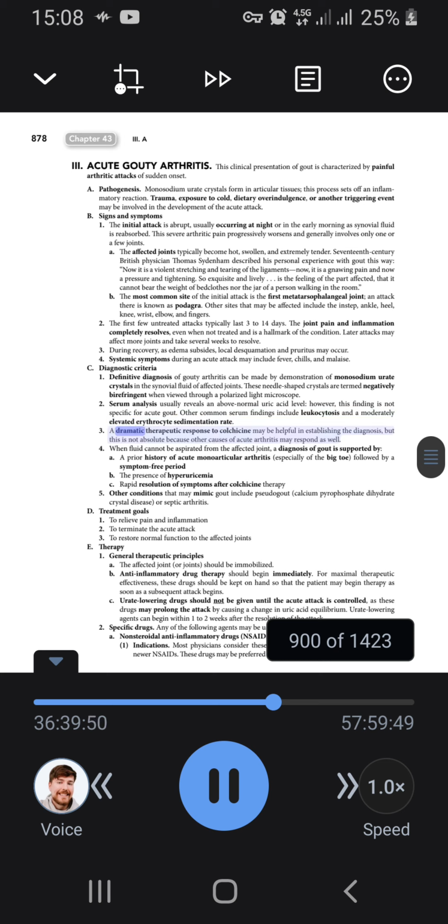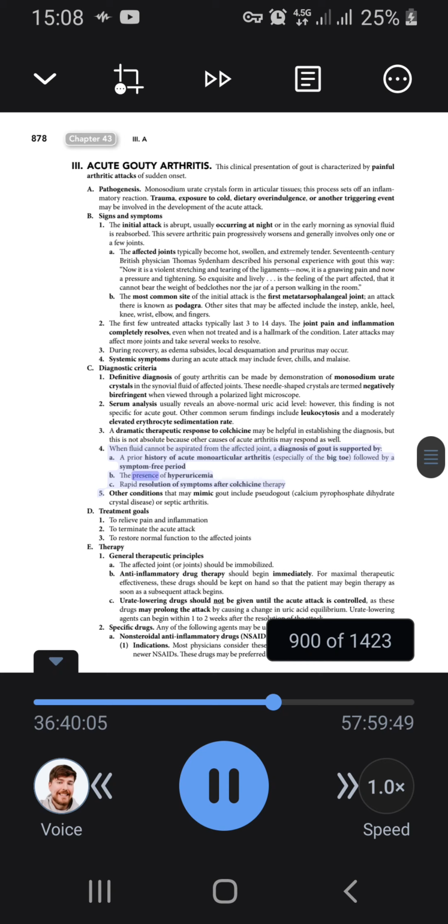3. A dramatic therapeutic response to colchicine may be helpful in establishing the diagnosis, but this is not absolute because other causes of acute arthritis may respond as well. 4. When fluid cannot be aspirated from the affected joint, a diagnosis of gout is supported by: A. A prior history of acute monoarticular arthritis, especially of the big toe, followed by a symptom-free period.